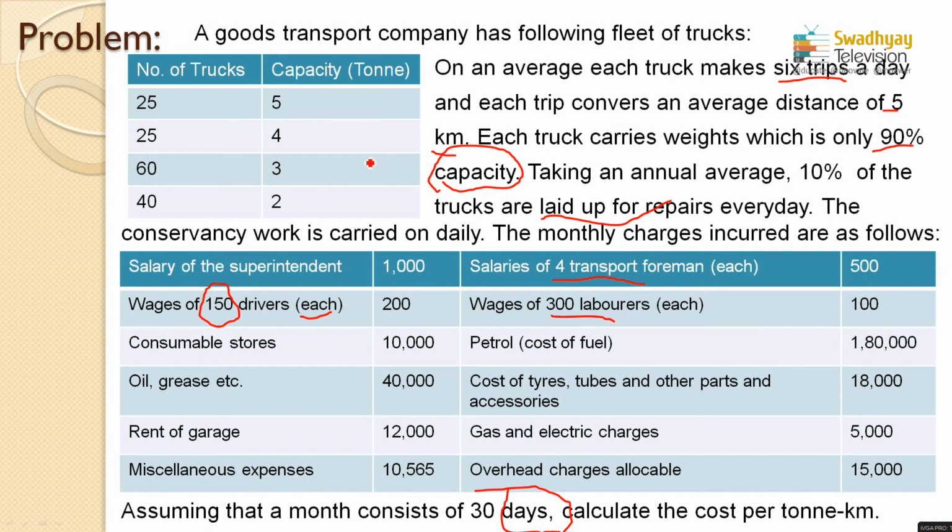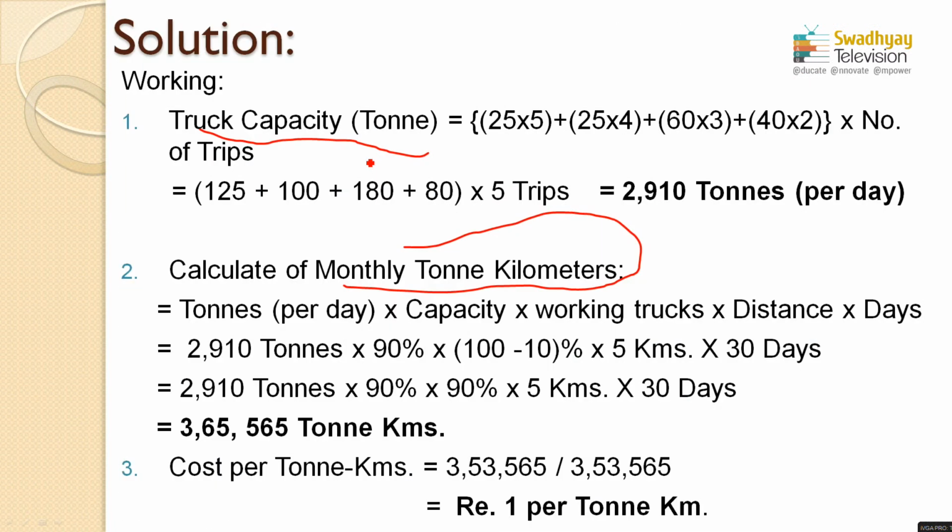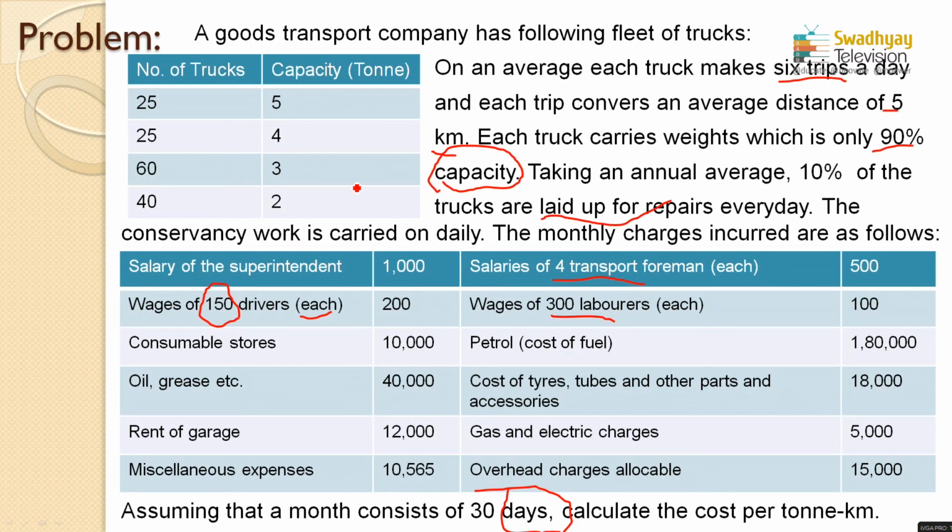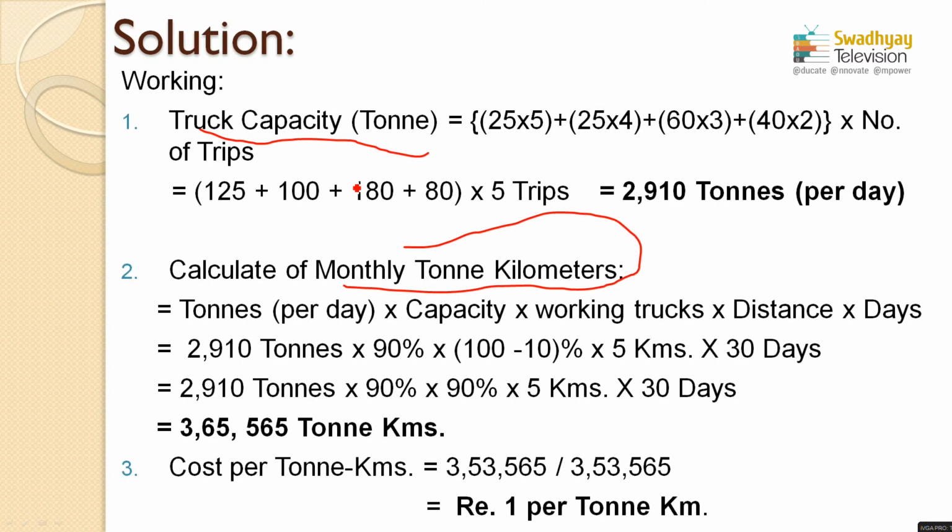Then the third capacity is different: there are 60 trucks, but their capacity is 3 tons, so 60 multiplied by 3. And the other capacity is 2 tons, where we have 40 trucks, so 40 trucks multiplied by 2 ton capacity.